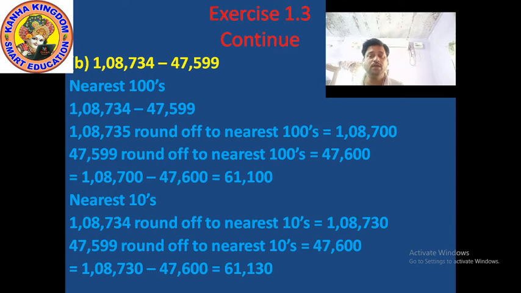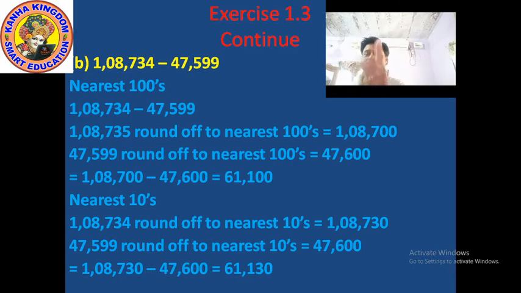1,08,734. In this number there are two commas, and just after the second comma only a single digit. When there are two commas in a number, how many periods? 3 periods, and the third period is the lakh period. Which digit is in the lakhs place? 1.